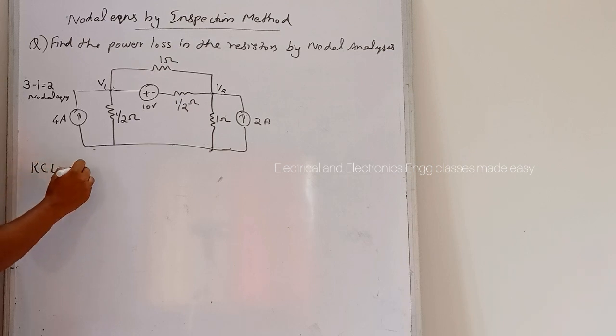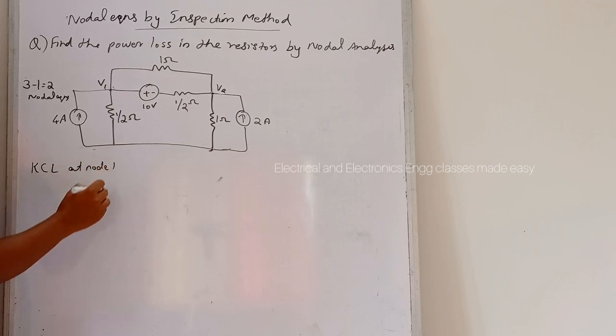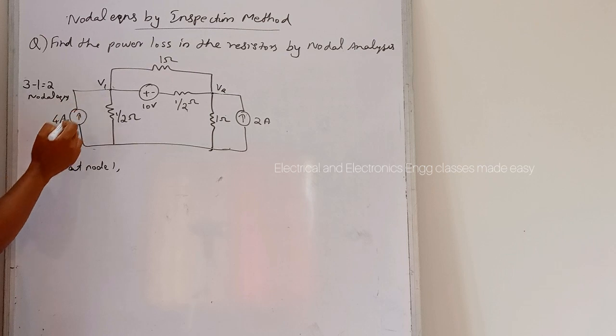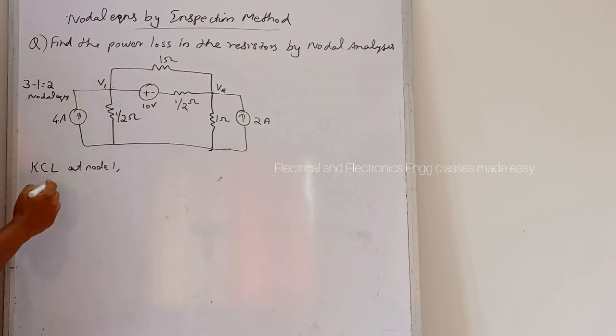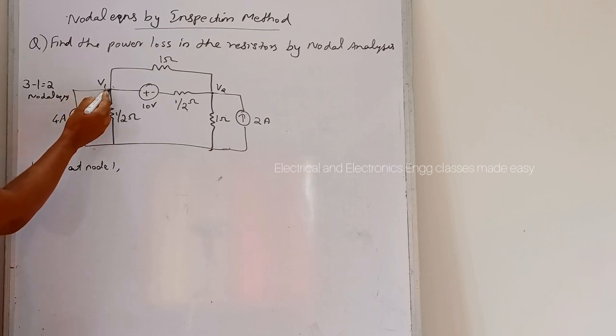KCL at node 1. While applying KCL at node 1, we get this 4 ampere flowing towards this node.